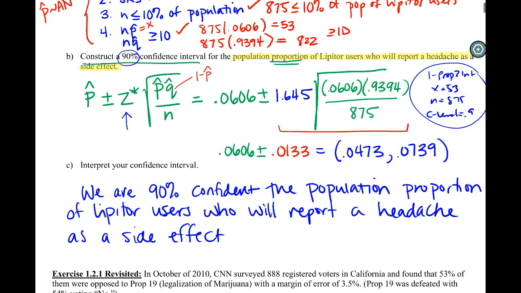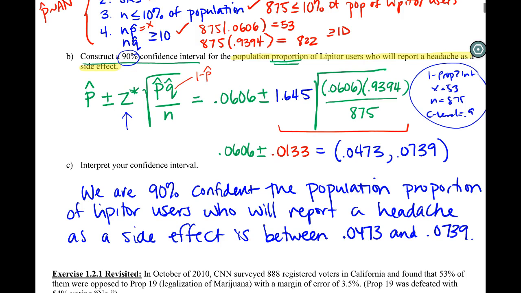And here again, you have some options. You could say something like is within our interval or whatever. I like to say is between 0.0473 and 0.0739. So that's it.